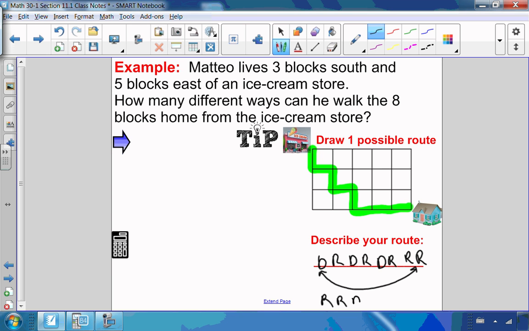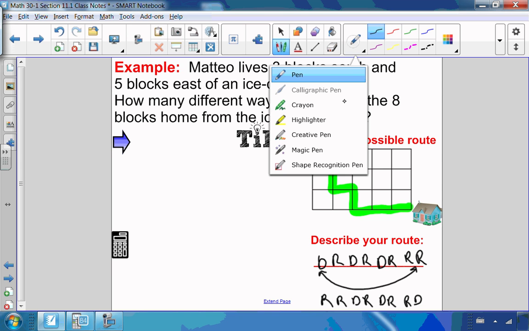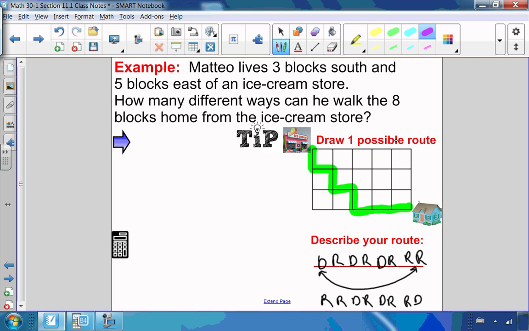Right, right, down, right, down, right, right, down. If I were to trace that out just to show you it is different, I would go right, and then right, and then down, and then right, and then down, and then right, and then right, and then down. That would be a different route than I came up with before. So I can interchange those letters a whole bunch of times.